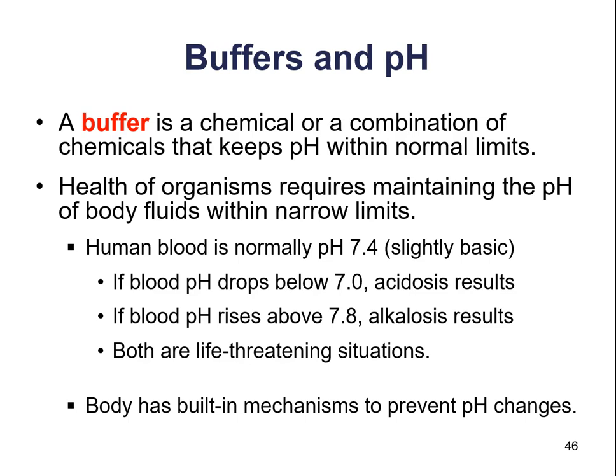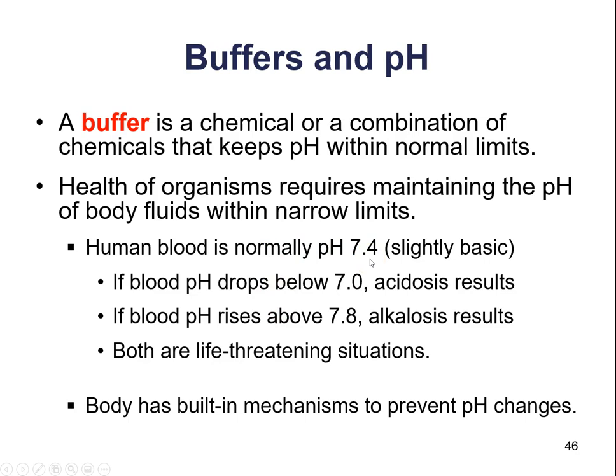If it deviates, either becomes more basic or more acidic, even slightly, it is life-threatening. Blood pH drops below 7, acidosis results. Blood pH rises above 7.8, it's something called alkalosis. And this will lead to organ failure. These are life-threatening situations.